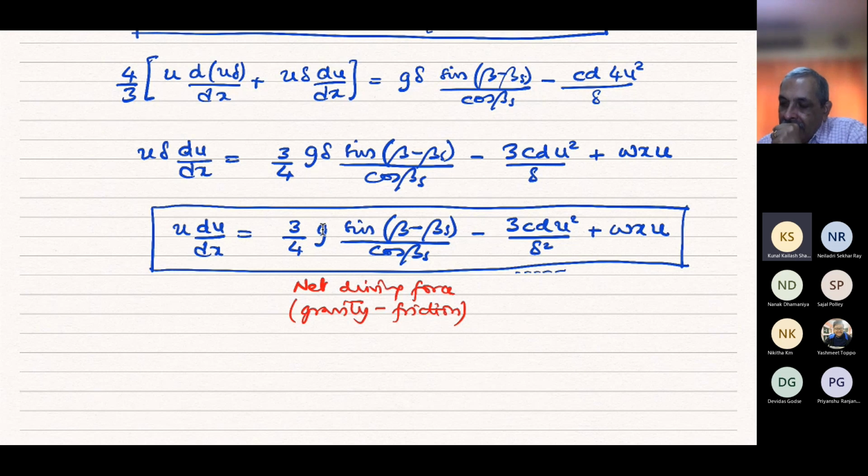So you must have beta greater than beta s. And then the second term is essentially the collisional resistance to the flow, and u by delta is something like the shear rate.